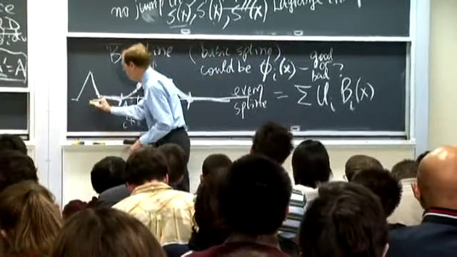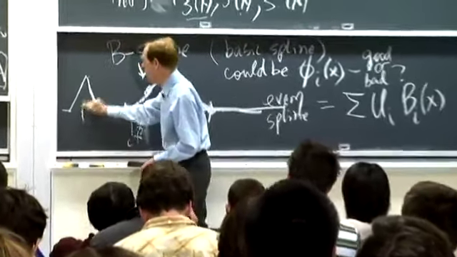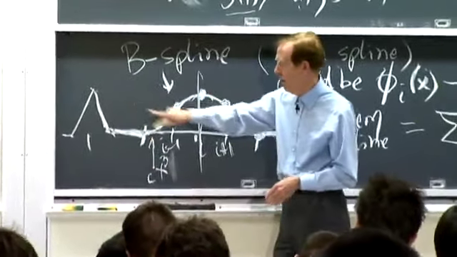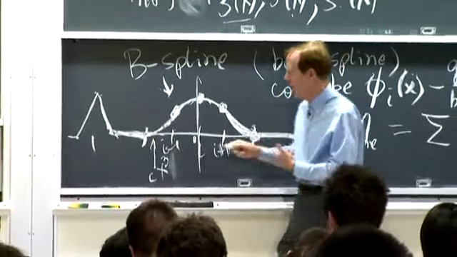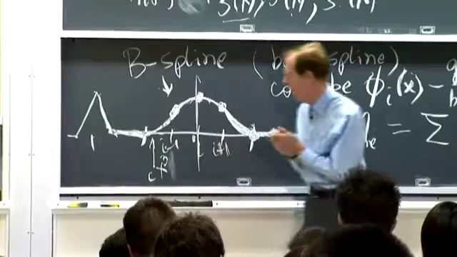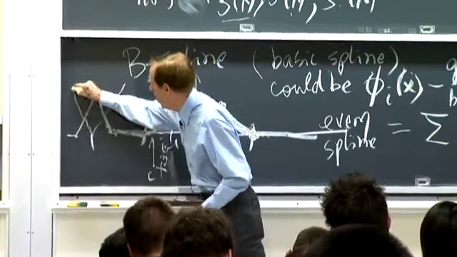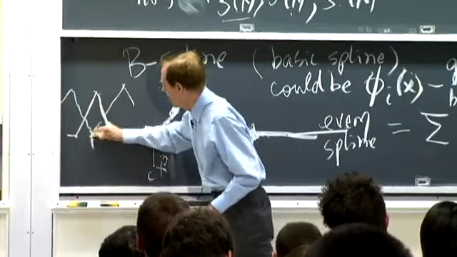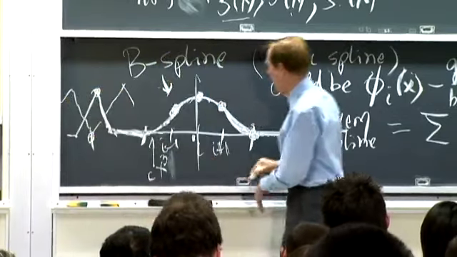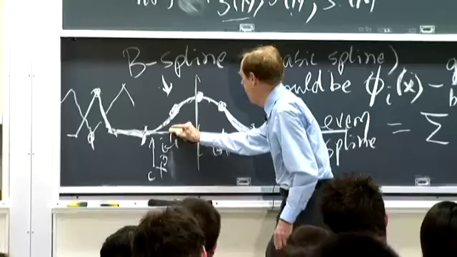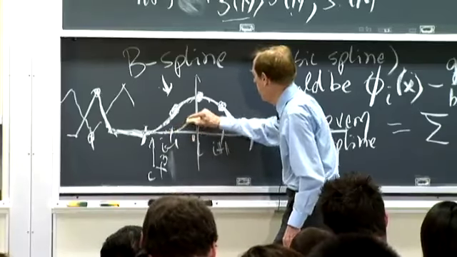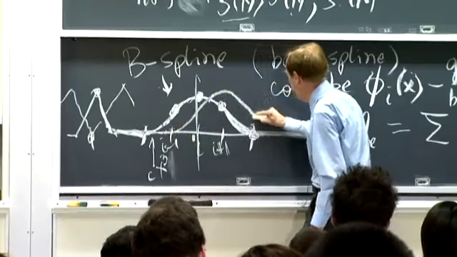With these very local hat functions, at that node, the only one of the phi functions that wasn't 0 is the one I've drawn. All the other hats were 0 there. There was just the one. But now there'll be a B-spline starting from here, going up to here, coming down from here.